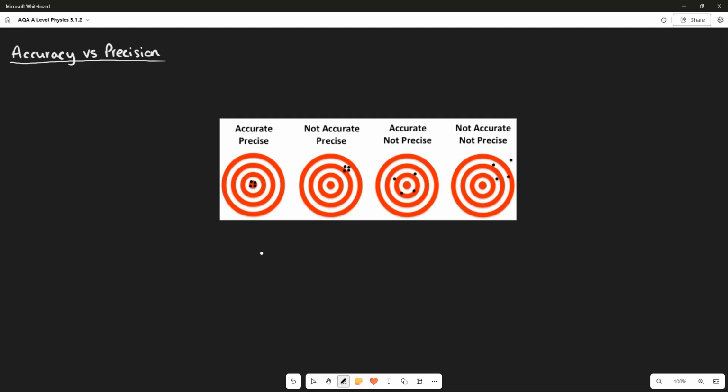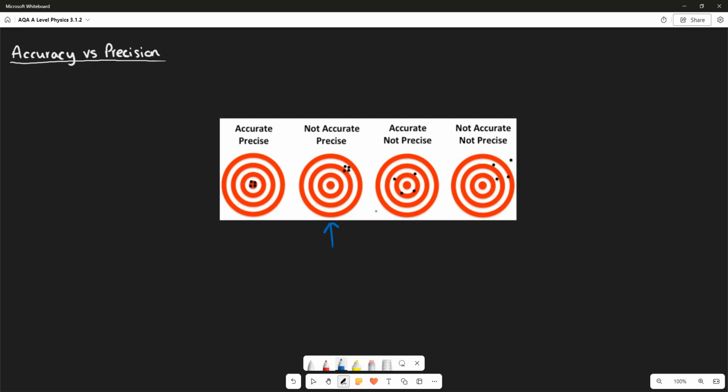So the true value is in the center of the bullseye. We want the data to be very, very tightly packed together so that we know that it's repeatable and reliable, and we want it to be close to the true value. So this first target here is excellent. We have accurate and precise data.